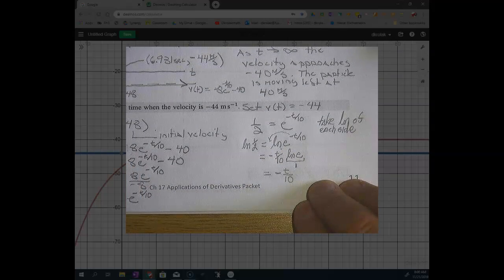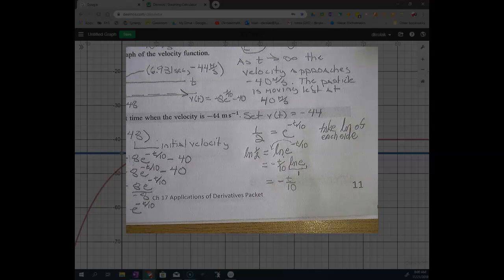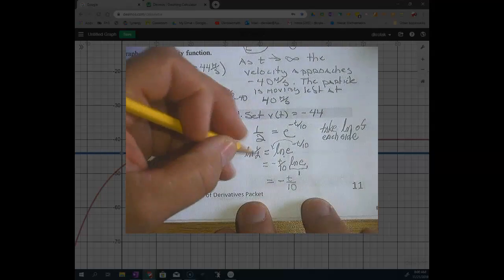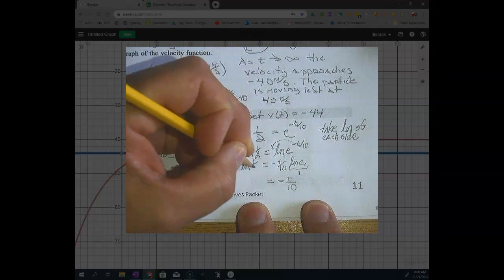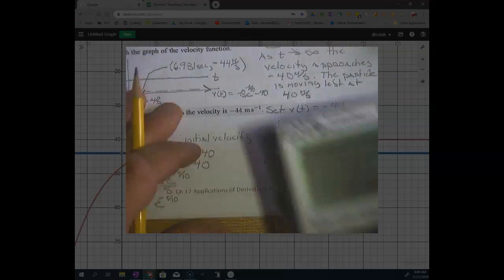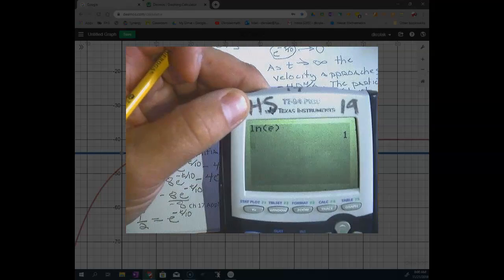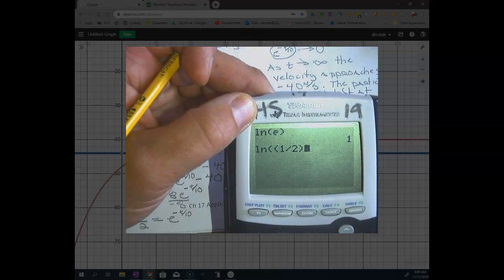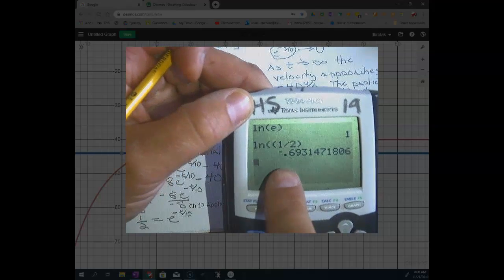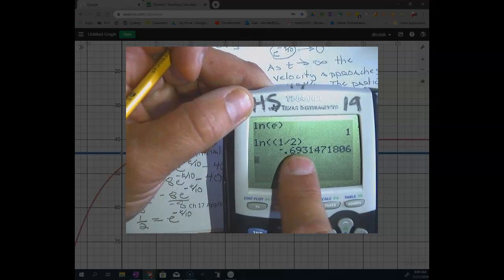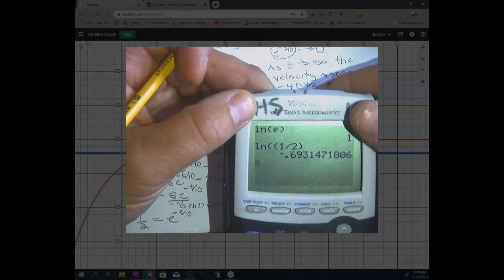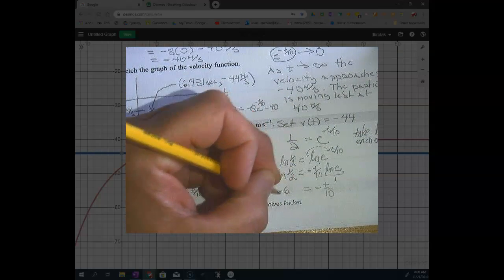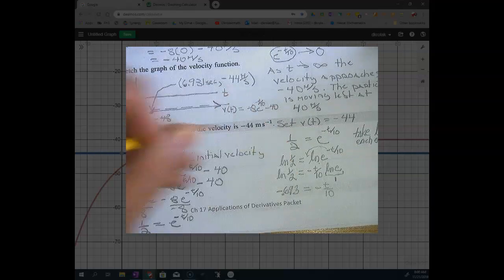Now I have to do the natural log of 1/2. ln of 1 divided by 2, and I get negative 0.693 to 3 sig figs.